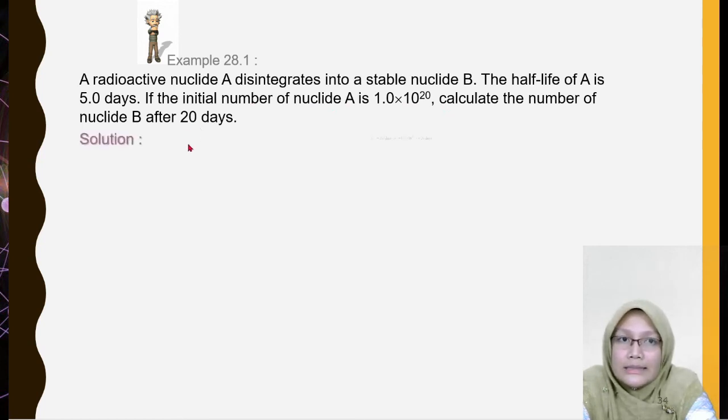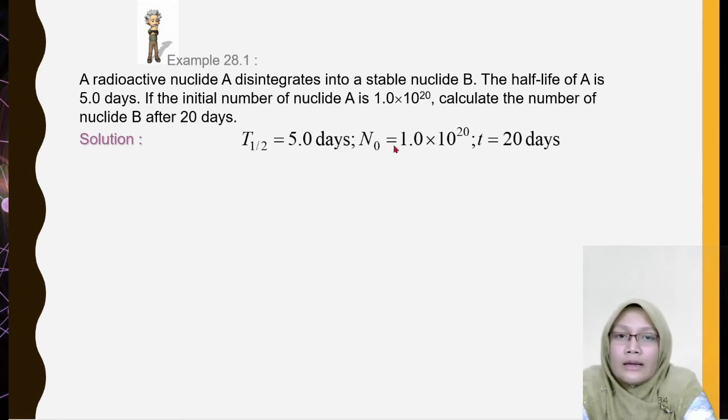Okay, first kali kita tahu half-life dia adalah 5 hari. Dia punya bilangan asal N0 dia adalah 1 darab 10 kuasa 20 untuk A ni. Dan masa dia tanya berapa bilangan nuclide B yang tinggal selepas 20 hari. So t kecil itu adalah 20 hari.